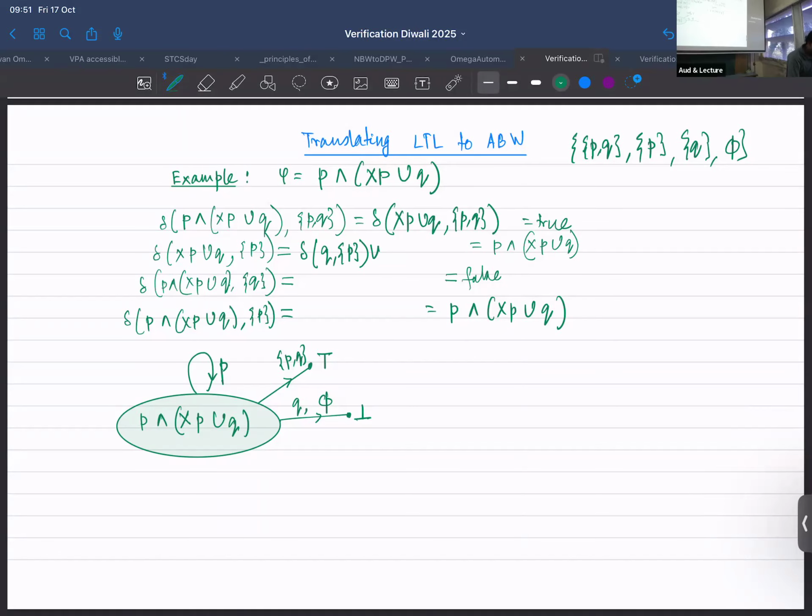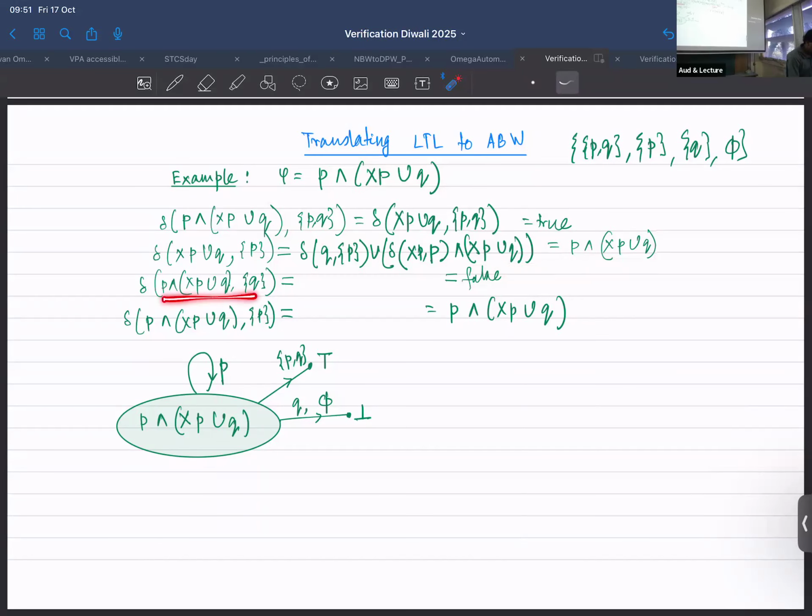Or delta of XP comma P and XP until Q. Okay, so this part becomes, of course, false, and delta of XP comma P is P, and XP until Q. Clear?